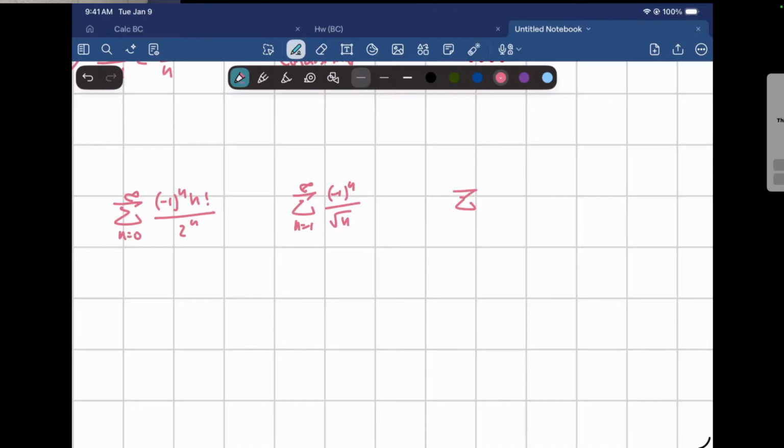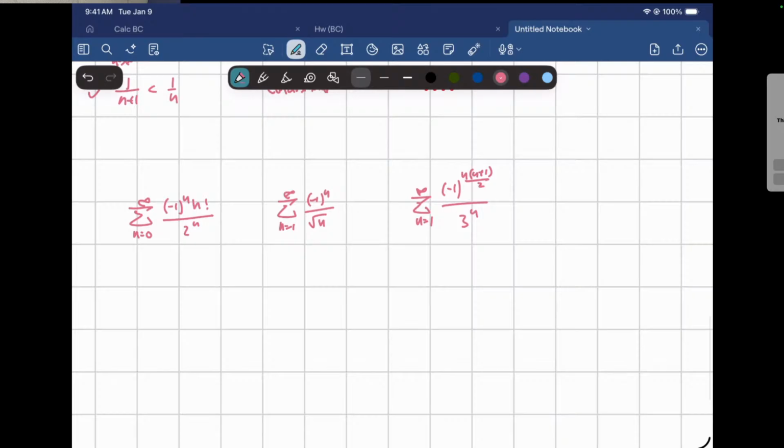The third case is actually interesting: negative 1 to the n times n plus 1 divided by 2 divided by 3 to the n. Last one. Don't worry, this is the last one. You finish, you can do homework. So start with the first one.